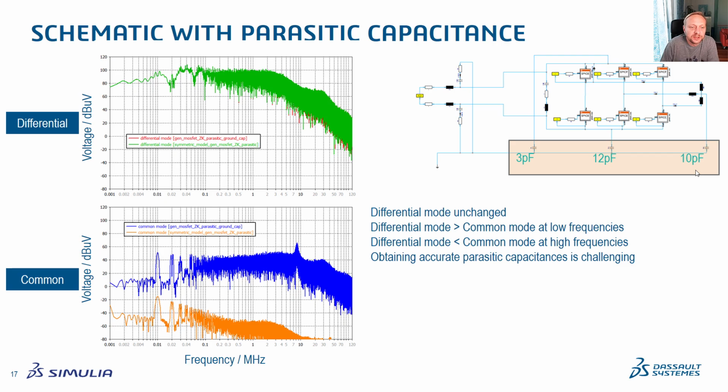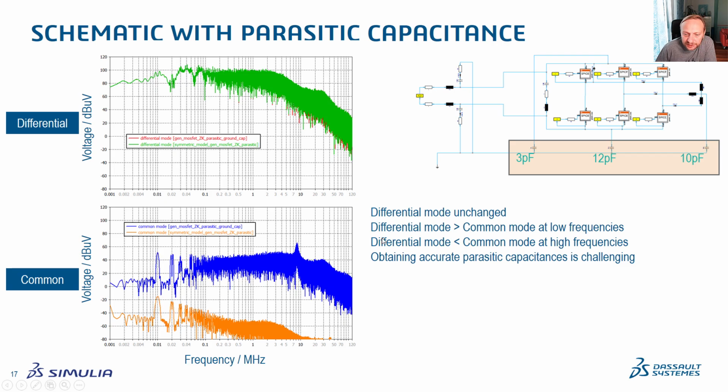Now we can see that adding these capacitors doesn't change anything on the differential mode, as we see here on the top. This is basically the same spectrum. However, the common mode, which was not able to propagate previously, now by adding these capacitors jumps up by something like maybe 50 dB.